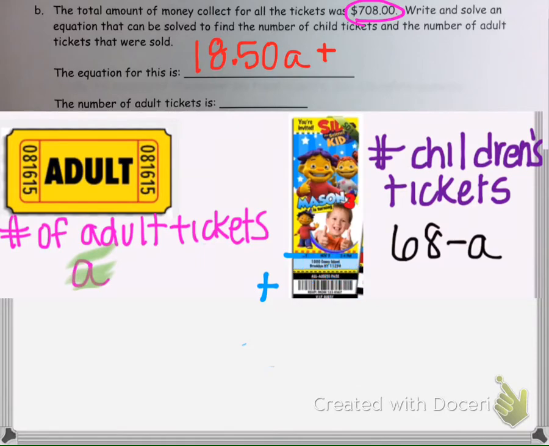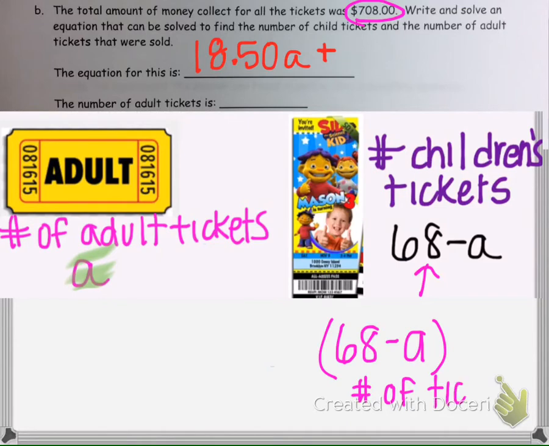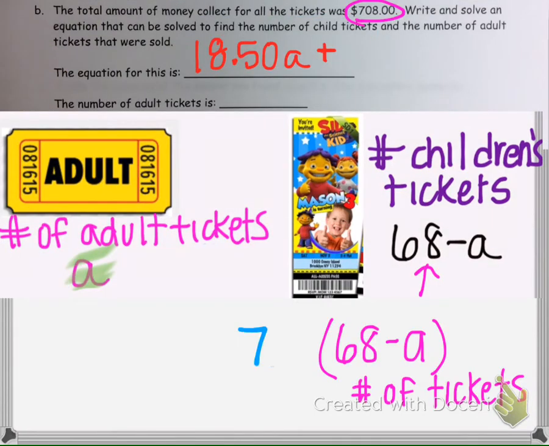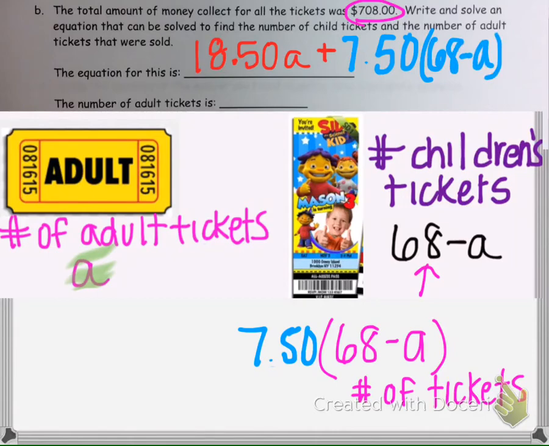So we take the number of children's tickets, which is 68 minus A, and multiply it by the cost of the tickets, $7.50. So we add on $7.50 per child's ticket. And the problem tells us that the total is $708 altogether. So now we have our equation.